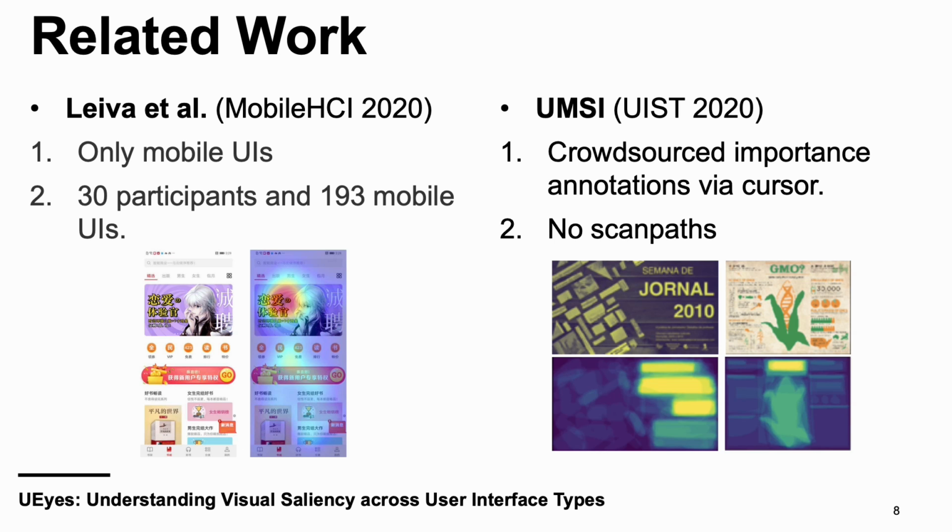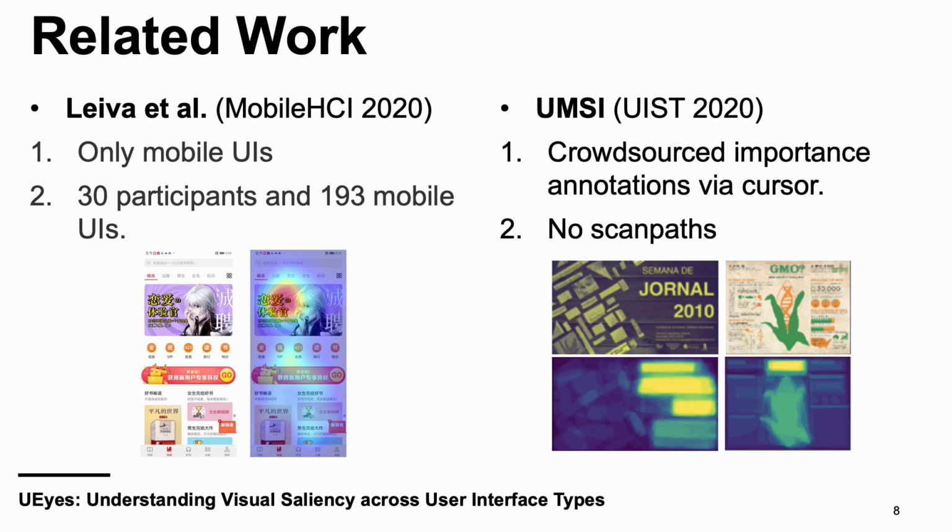Most visual saliency datasets available today are often limited to a particular type of visual design, with relatively few saliency results collected from a small group of participants. For example, Leiva and his colleagues collected a mobile UI saliency dataset with 30 participants and 193 mobile UIs.